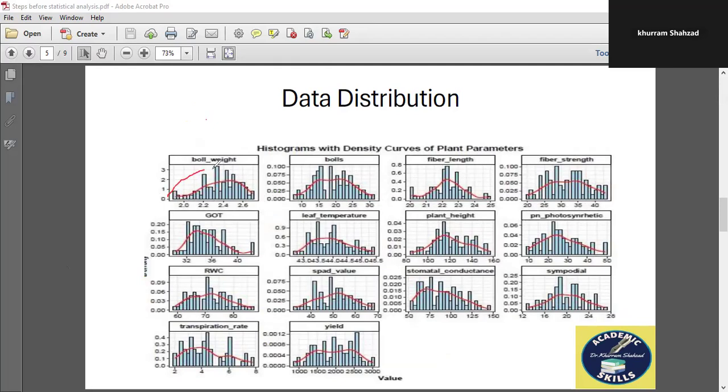You can see how the data is distributed from minimum to maximum values, and you can see some gaps in the data. So you can check whether there are too many gaps in your data and whether your data is normally distributed. You must see how your data is distributed before doing any statistical analysis or making graphs.